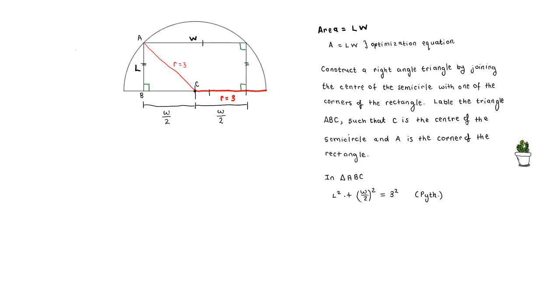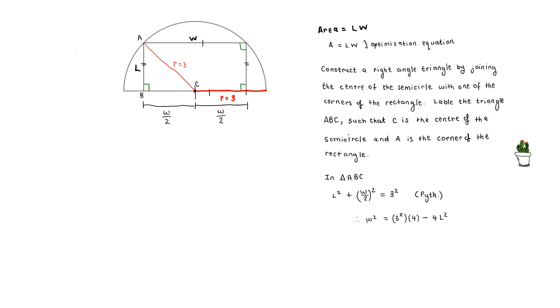So we can solve this equation for W squared as our subject. Doing so means we're going to have W squared over 4, which means that over here we're going to have 4 times L squared over 4. So therefore W squared is going to equal 3 squared times 4, minus 4 times L squared.